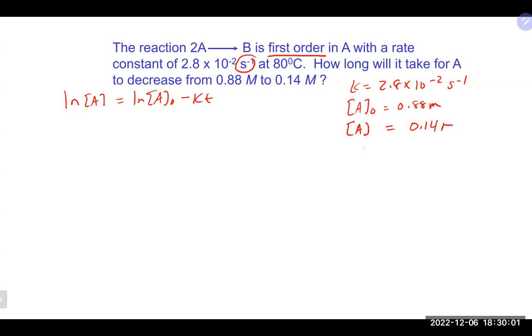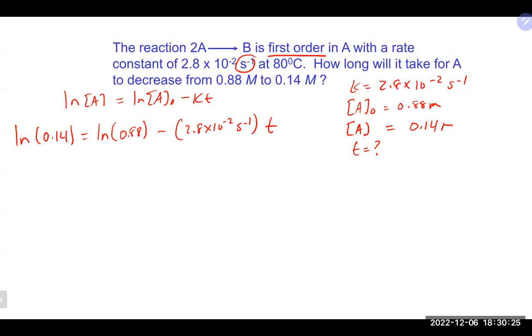In this case, we're looking for time, how long it's going to take. So we can just plug our numbers in: the natural log of 0.14 equals the natural log of 0.88 minus 2.8 times 10 to the minus 2 reciprocal seconds times time.